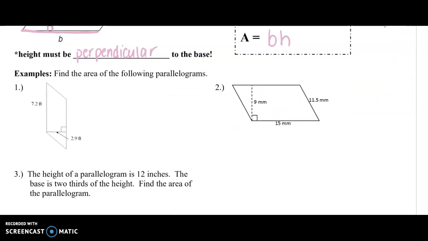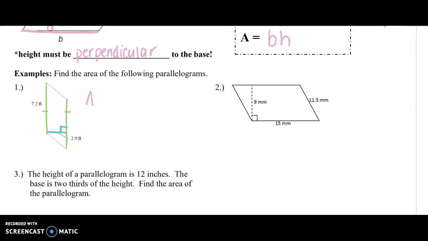So we're going to find the area of this parallelogram. Okay, so if we look at it, I have this distance here, and if you remember a parallelogram, opposite sides are going to be congruent to each other. So that's 7.2. And then I have my height here, which is perpendicular to that distance.